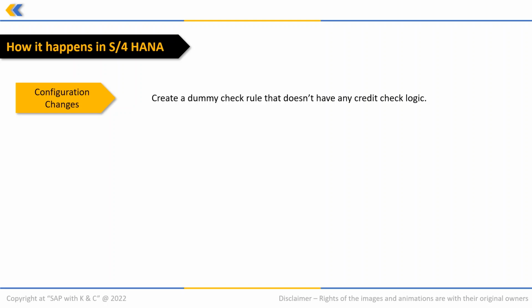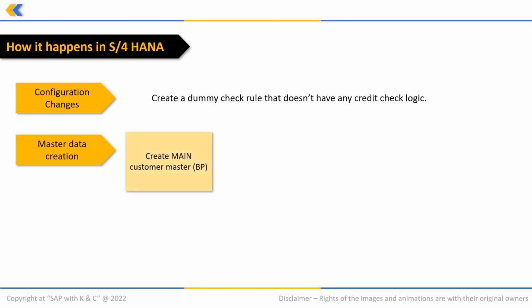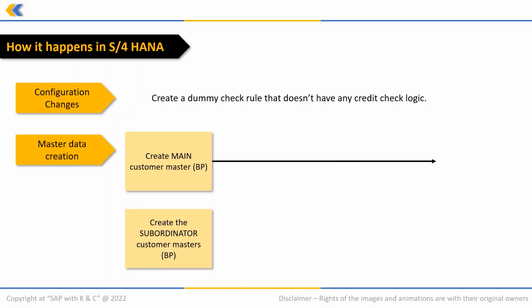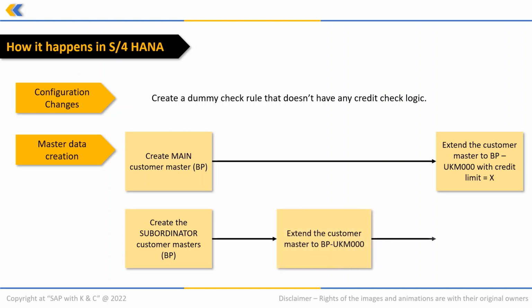The second step is to create the customer masters using the T code BP for the main customer, as well as for the subordinates. While creating the customer masters, we will also assign the business partner role UKM000 to each of them. However, in the main customer, in the business partner role UKM000, we will assign a credit limit of, say, X amount. And in the subordinates, we will set up their relationship with the main customer as subordinates.